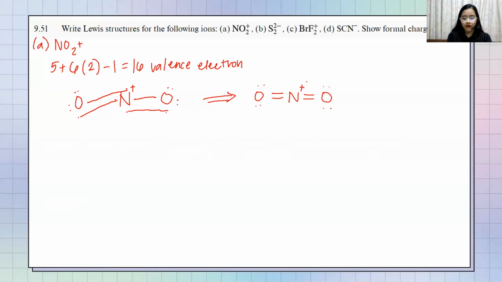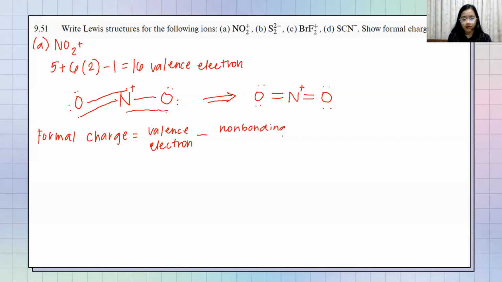So for the formal charges, we could use this formula: formal charge equals total number of valence electrons of that element minus the non-bonding electrons minus bonding electrons over 2.